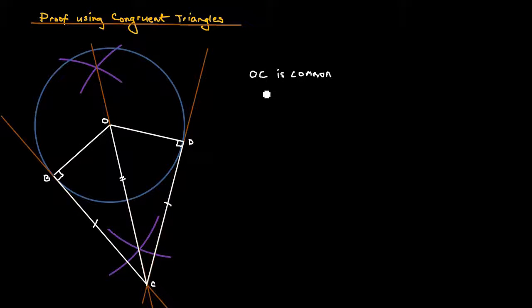So we've got OB is the radius. So let's mark these with three marks. It's equal to OD. So in other words, what have we got? We've got side, side, and then we've got this angle, because we can go clockwise or anti-clockwise to get the order right here. So side, side, angle.